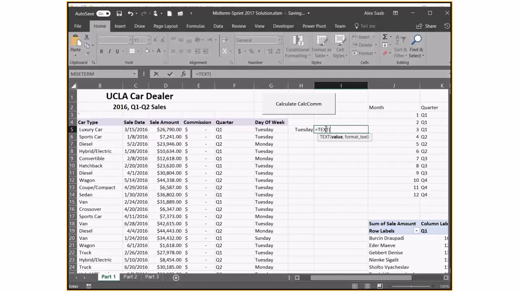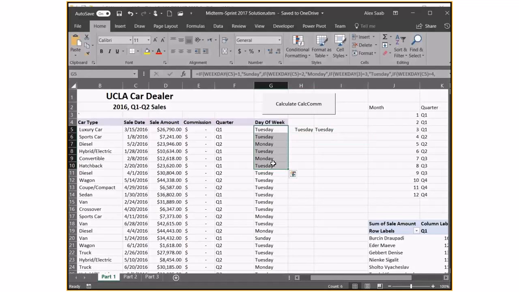You specify the value and then the mask. This is DDDD. It's also Tuesday. You don't have to go through all that. Many students chose different ways. As long as I see the day of the week here, I don't really care how you do it.